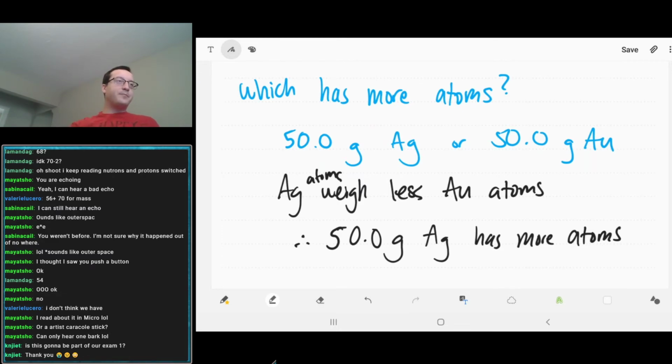Understanding that the same mass of different substances would have different amounts of atoms for each is going to be very important for us at the very end of the semester. So all of you will forget this by then, but that's okay. We can work with it.